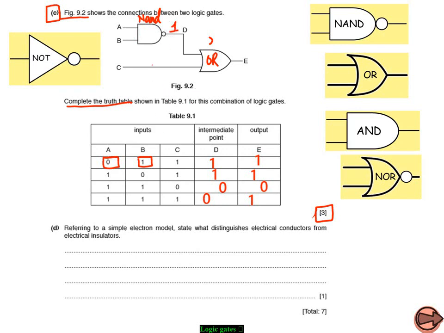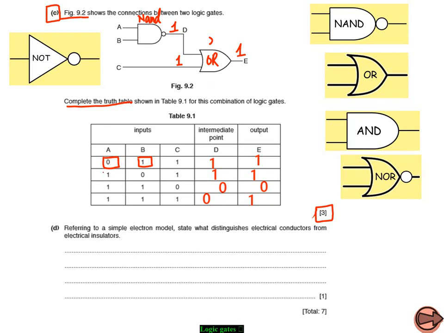Now, C is given to us. C is also 1. This input is 1 and this is an OR gate. So we will simply say that the output has to be 1, because if any input is 1, the output will be 1.